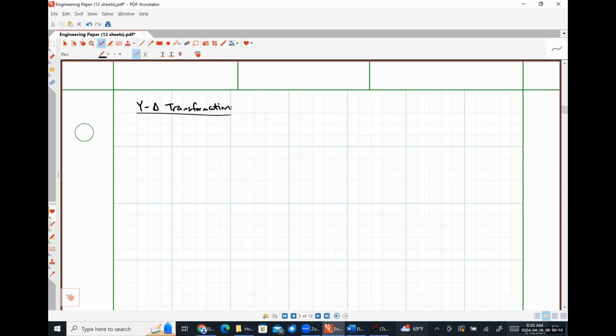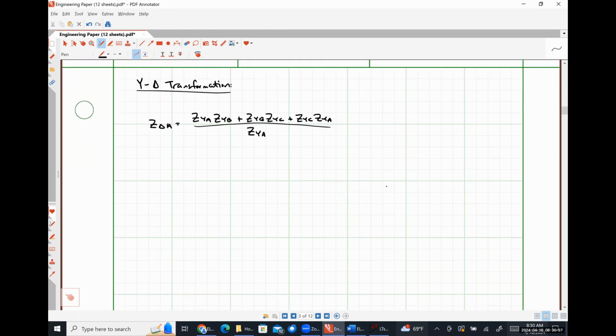Now we're going to be getting equations for Z delta A, Z delta B, and Z delta C. So this is going to look like ZYA times ZYB plus ZYB times ZYC plus ZYC times ZYA all over ZYA. And we're going to have similar relationships for Z delta B and Z delta C.